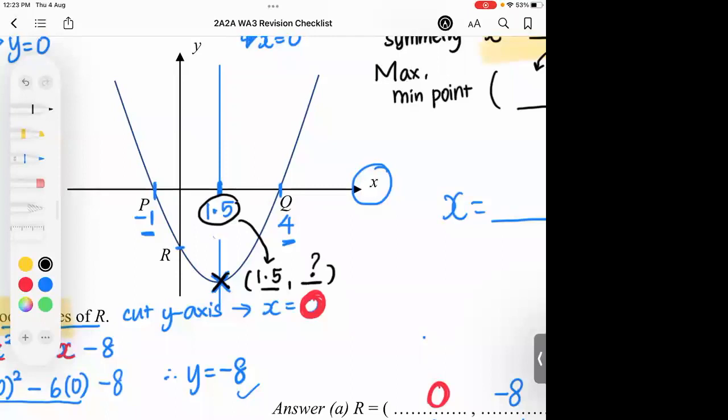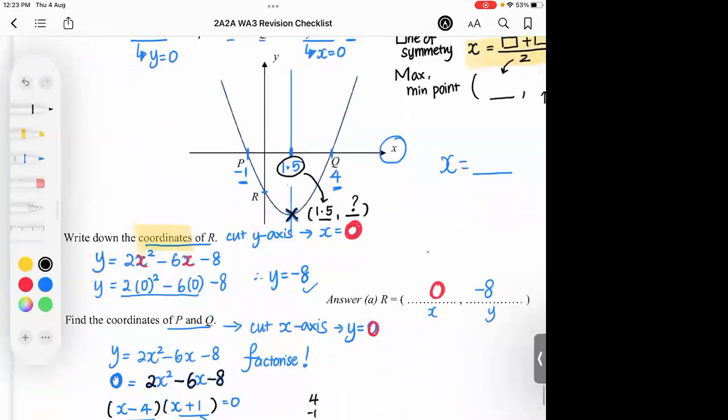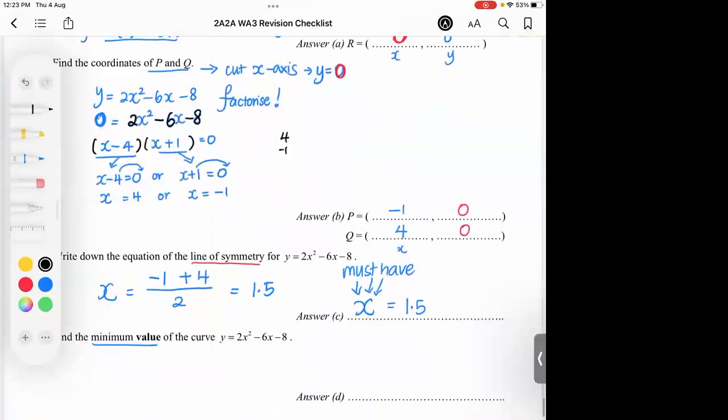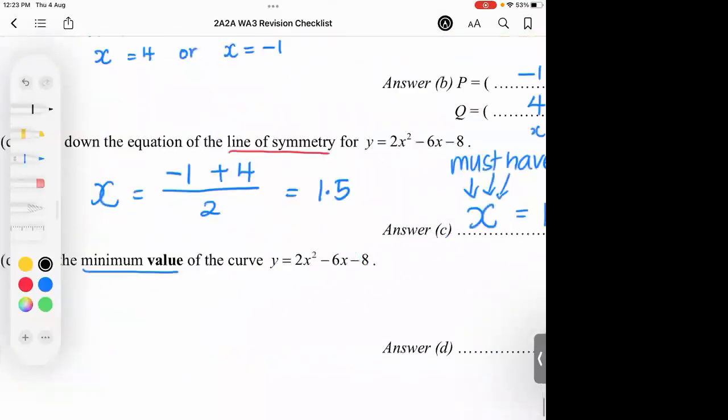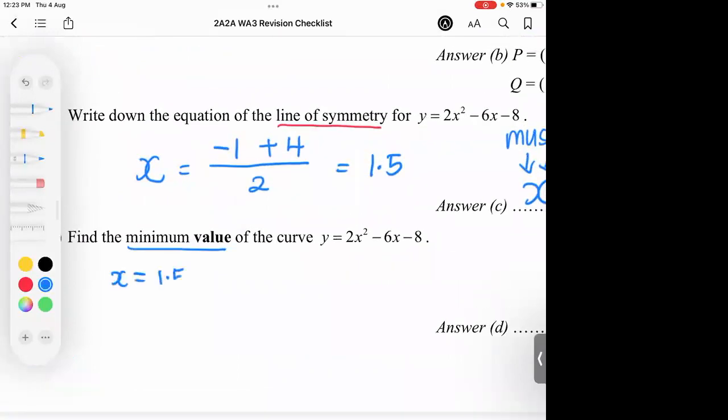The y value. Okay, so what I do, I know that x is now equal to 1.5. My y is that equation, 2x squared minus 6 times x minus 8. So we plug x equals 1.5 into our equation.